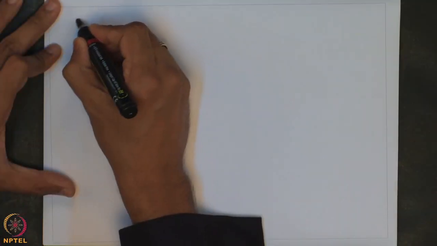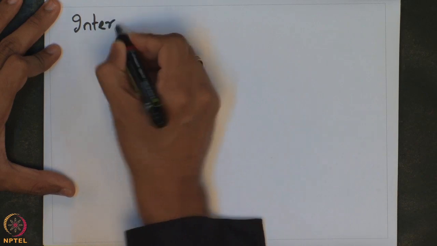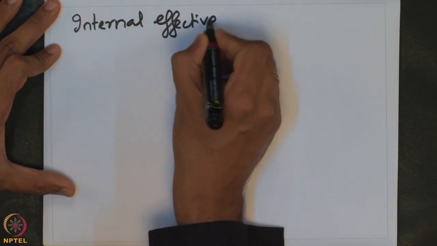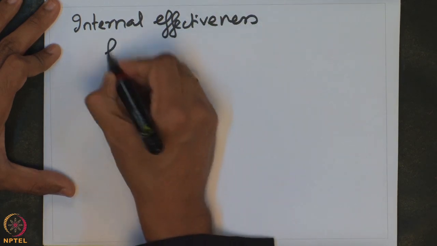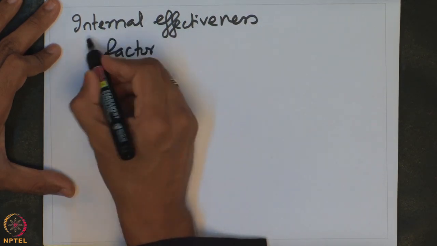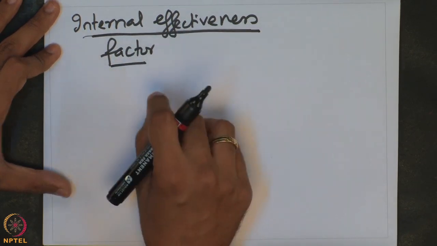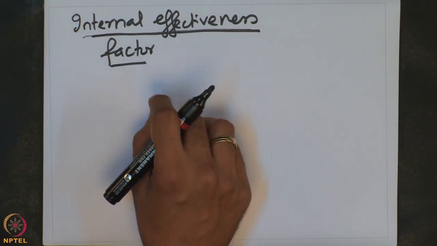So, what we are going to see next is an important concept called the effectiveness factor. The internal effectiveness factor is essentially defined as the overall rate.